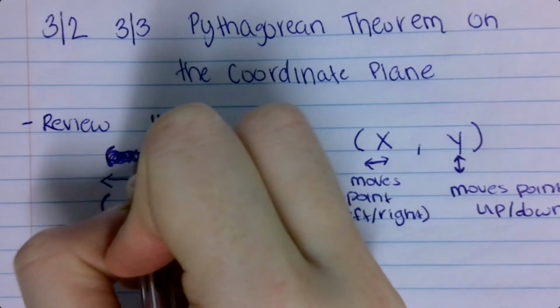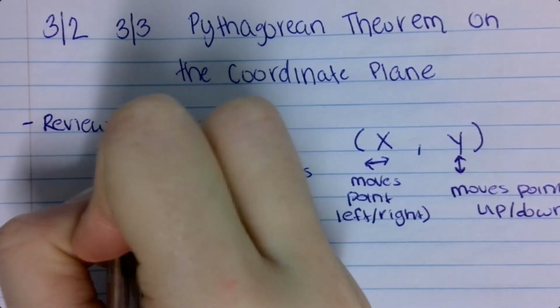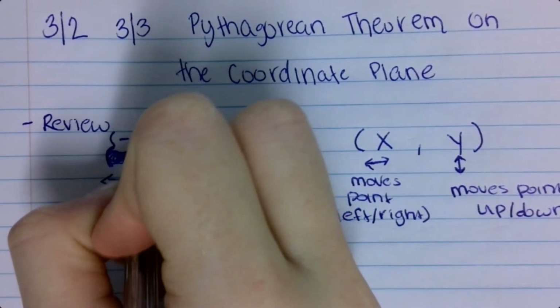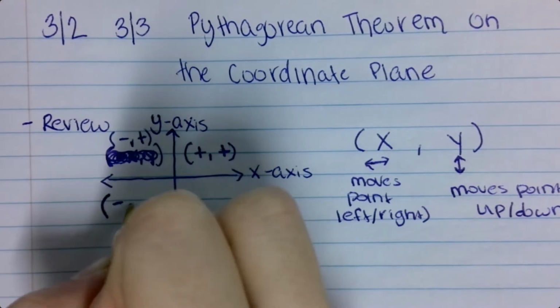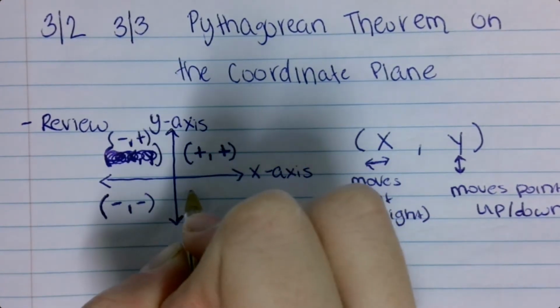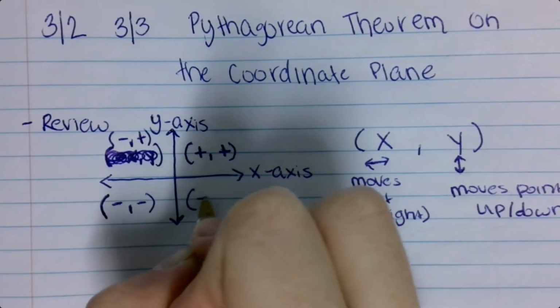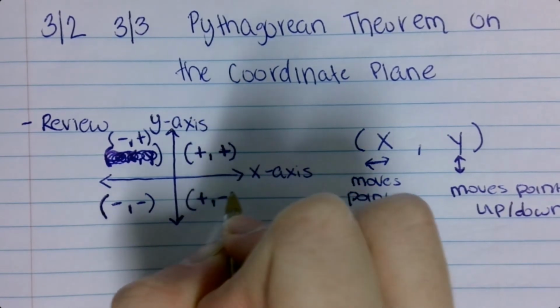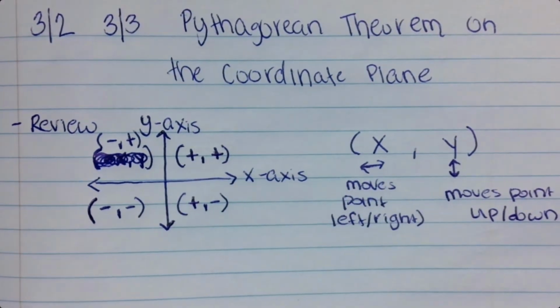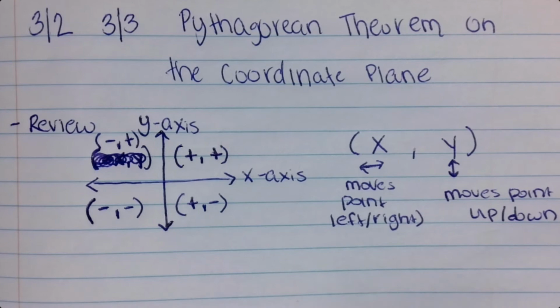In the third one, it's going to be negative and negative, and then in the fourth one is going to be positive x and a negative y.